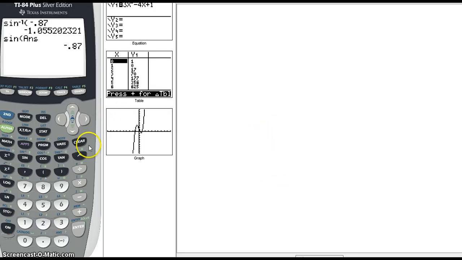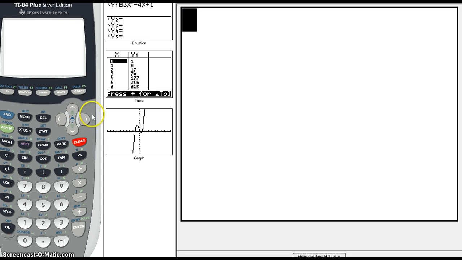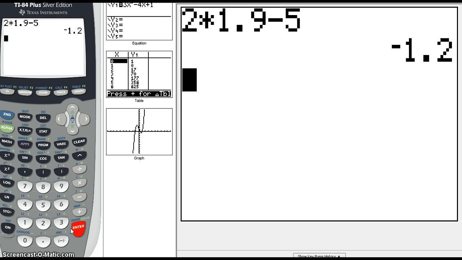Now, if you're confused on how to type this into your calculator, or if you're having trouble with e, I will show you that. So we can do 2 times 1.9 minus 5. We get negative 1.2, so then I want to do e, which is right here.